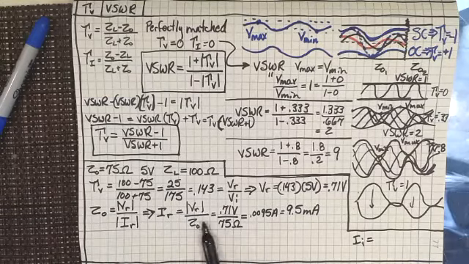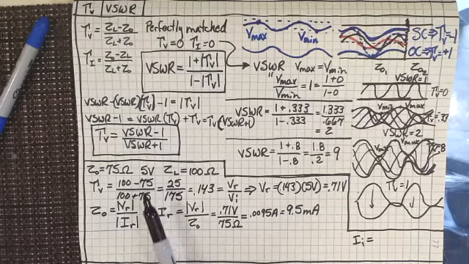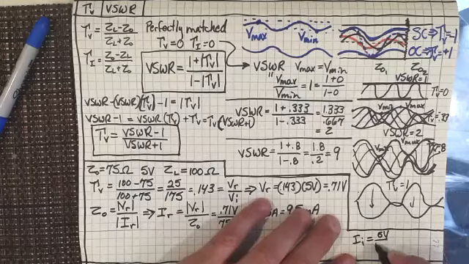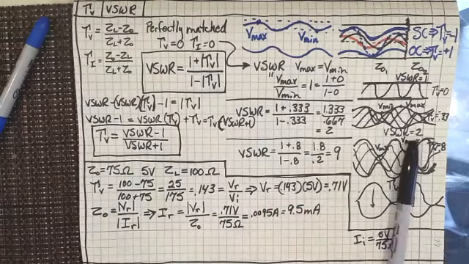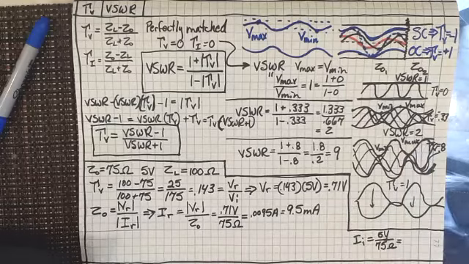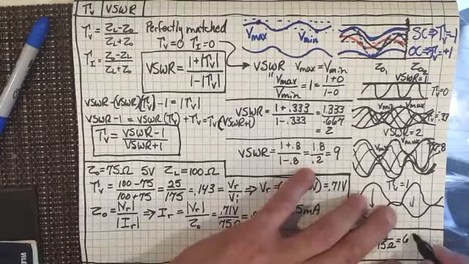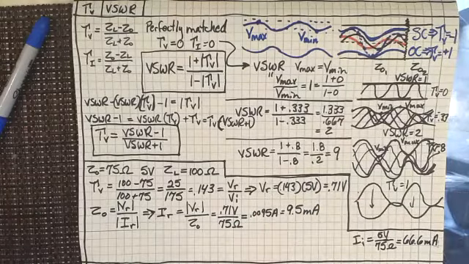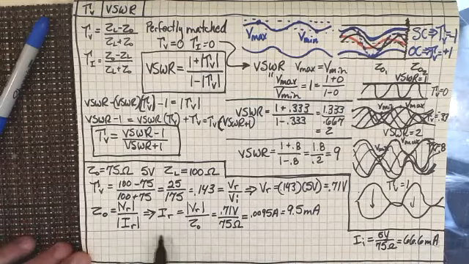It's just going to be 5 volts divided by 75 ohms. I don't think I actually did that, but I will right now. 5 divided by 75 gives me 66.6 milliamps. Okay, so that would be our incident current and voltage, and then this would be our reflected current and voltage.